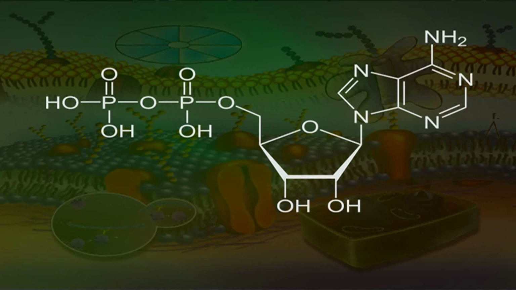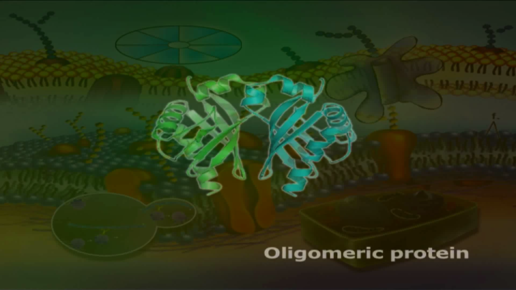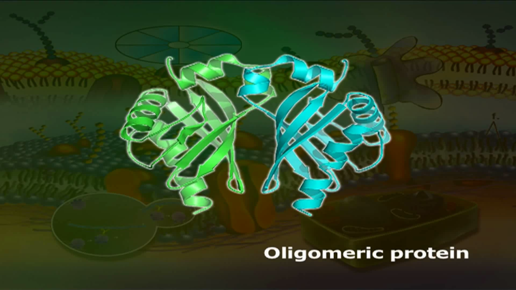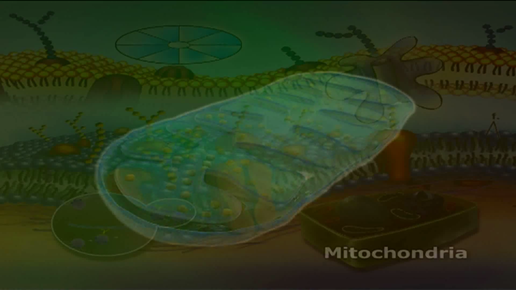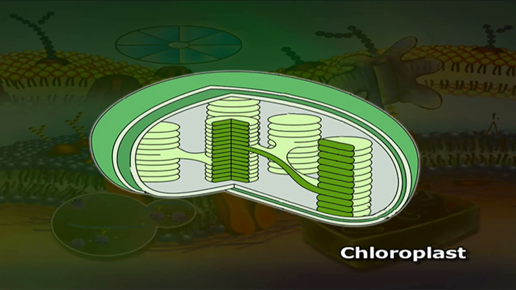At least 23 distinct proteins called peroxins participate as components in the process, which is driven by ATP hydrolysis. Oligomeric proteins do not have to unfold to be imported into peroxisomes, indicating that the mechanism is distinct from that used by mitochondria and chloroplasts.